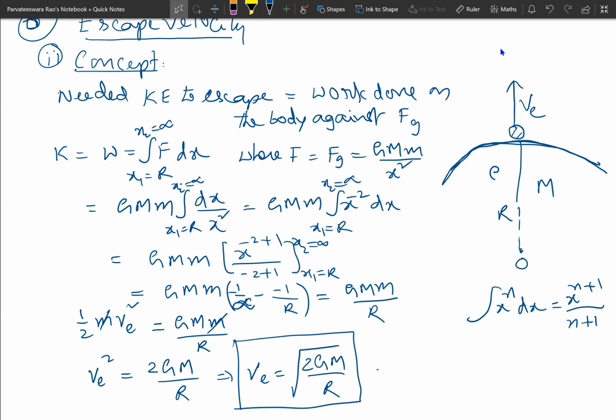So this integration formula we have to use whenever any variable parameter is involved.